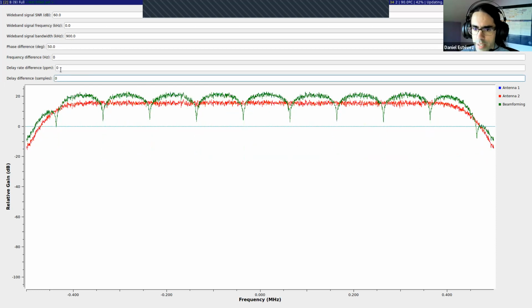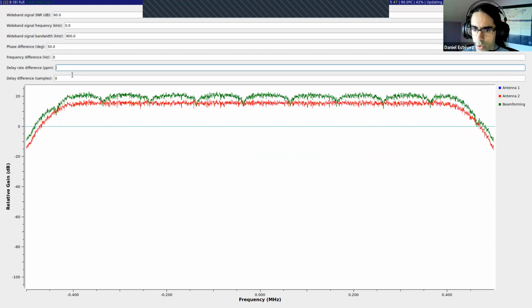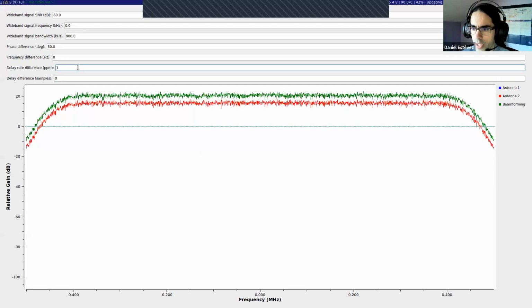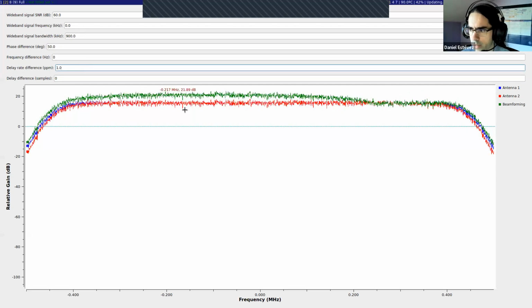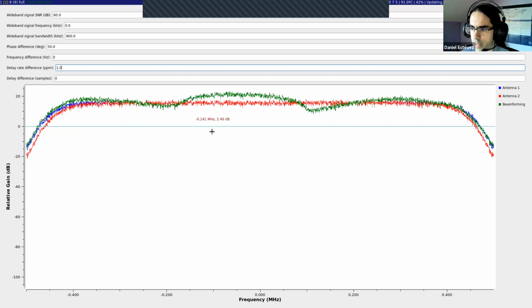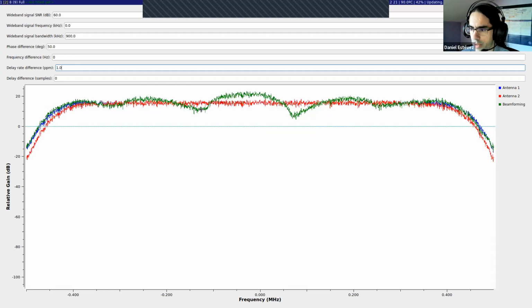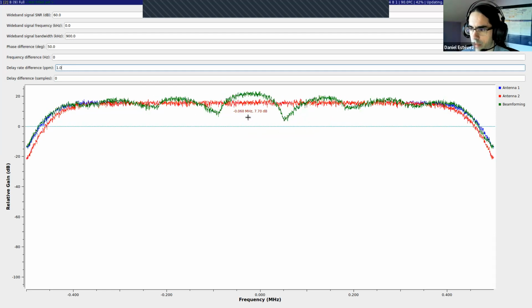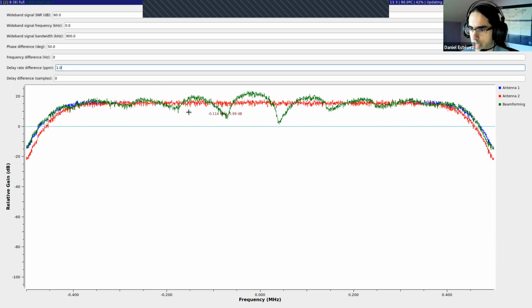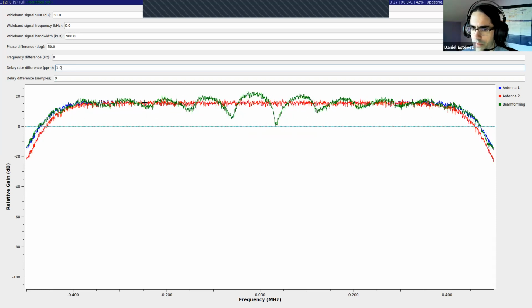And a delay rate difference basically looks like a continuously changing delay over time. So if I set these to 1, you can see that there is some null appearing and moving through the spectrum, and then there are more and more.